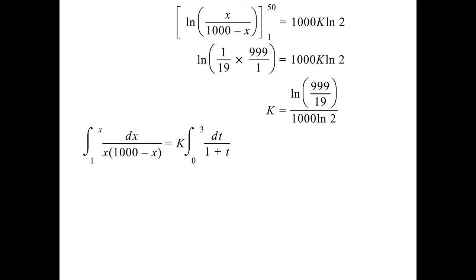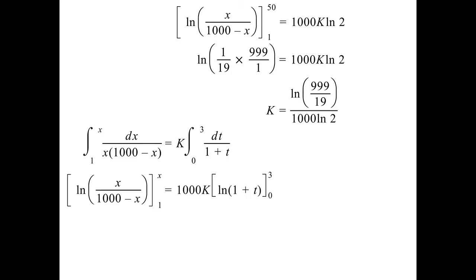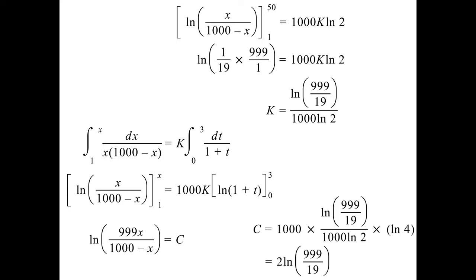So now we want to find out when t is 3, what is x? Okay, so again, let's just go through our integration. So the log of 999, subbing 3 into this and then subbing 0, it's just going to be some constant number. The left-hand side, when I sub in x, then sub in 1, we'll end up with the log of 999x on 1,000 minus x.